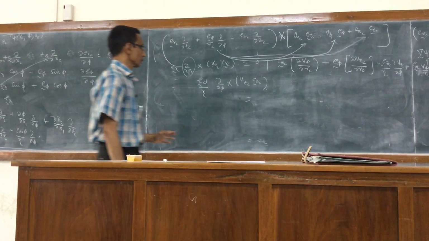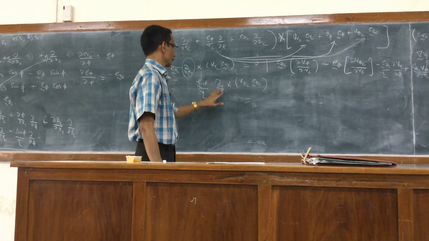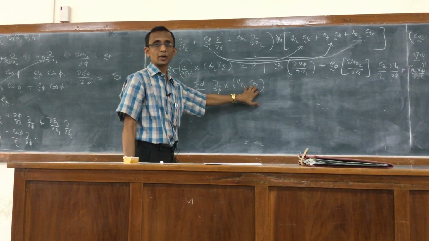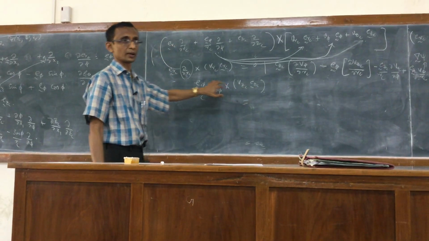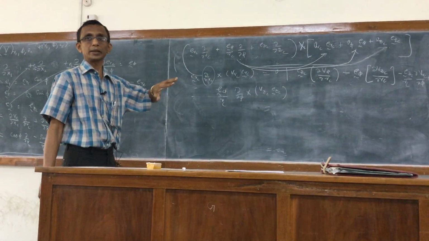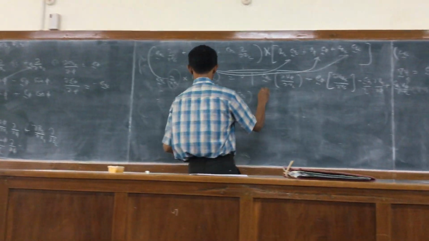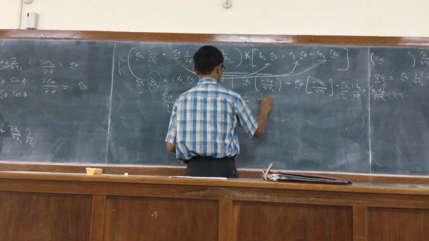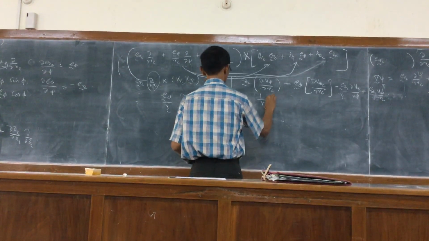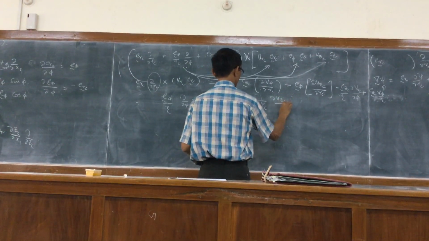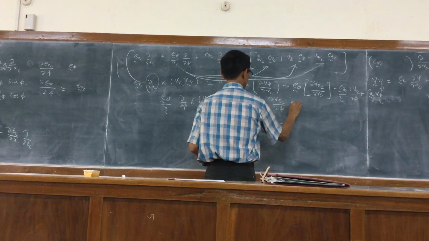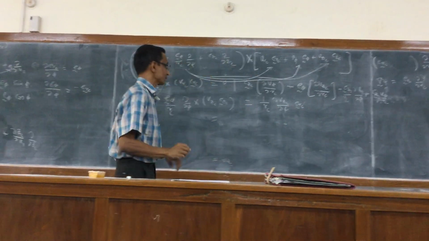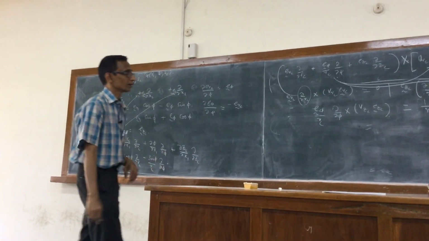So here I'm going to get only one term, and that would involve e_phi cross e_zc. So that is simply e_rc, which is 1 over rc, dBzc by d phi, e_rc. So leave it as it is.